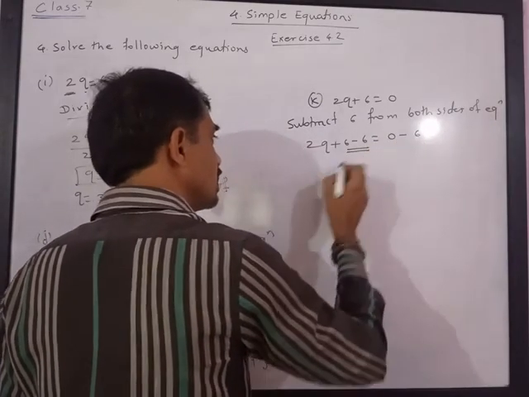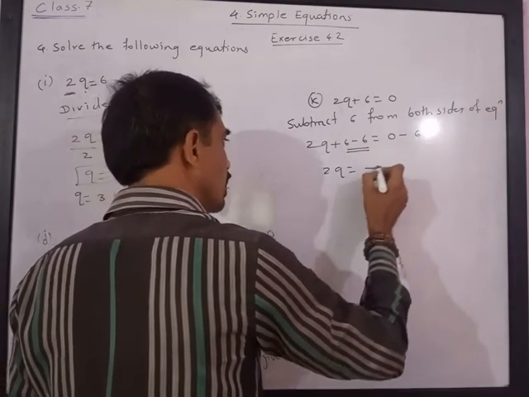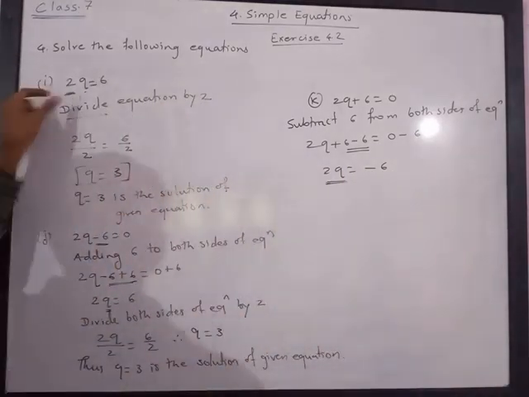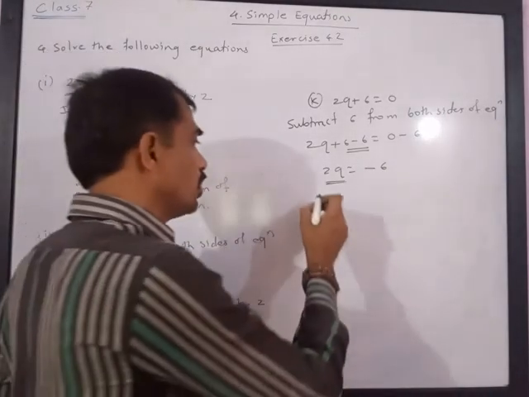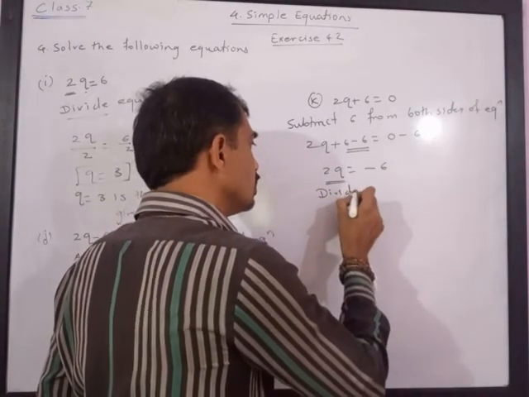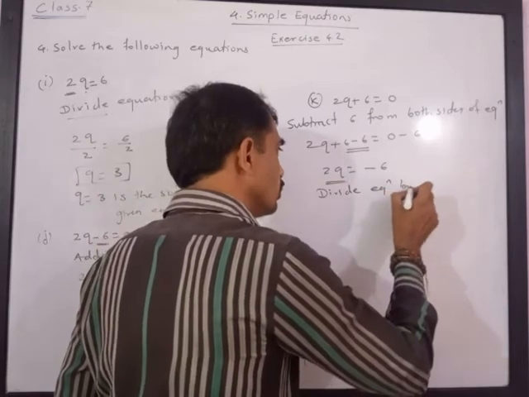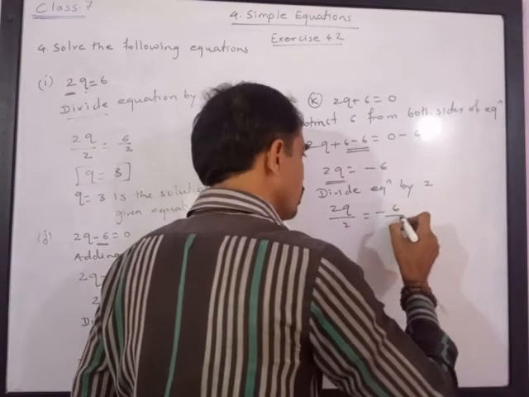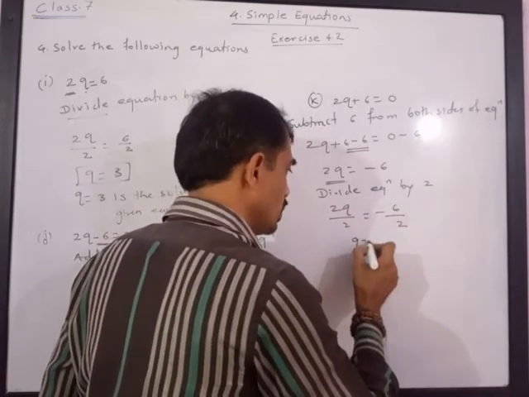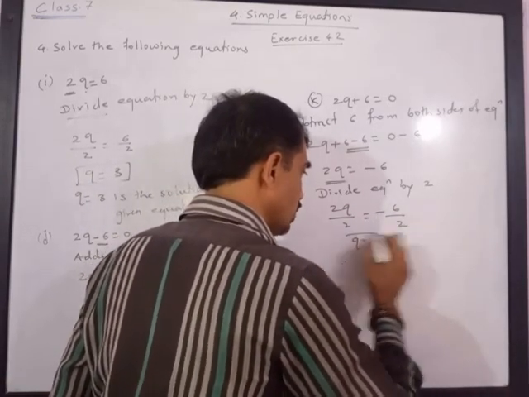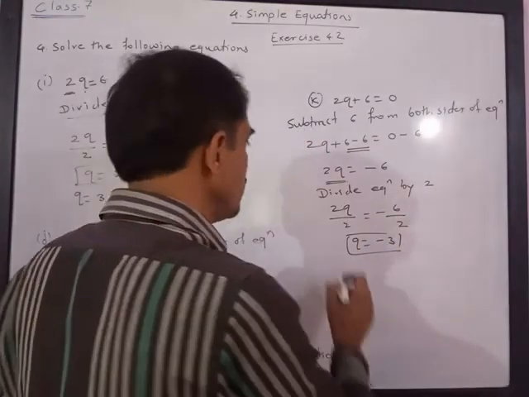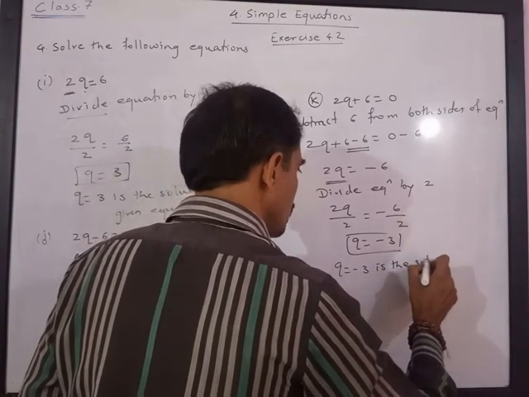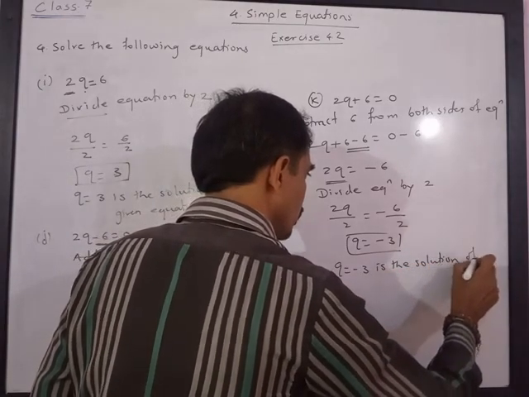Now 6 minus 6 is 0, so you get 2q is equal to negative 6. Now in order to eliminate 2, we know how to eliminate 2. Divide the equation by 2. You will get 2q upon 2 is equal to negative 6 upon 2. So this becomes q is equal to, 2 3s are 6, negative sign as it is. It means q equal to negative 3 is the solution of the given equation.